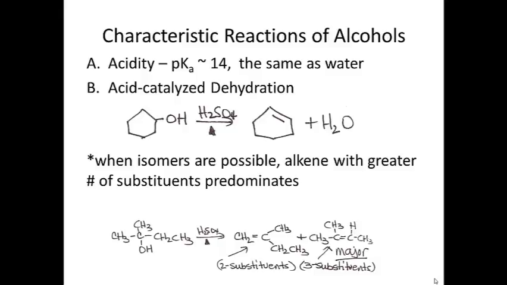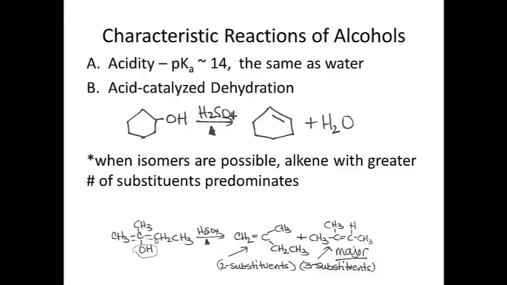If you look at the bottom of this slide, you'll see a situation where we're taking a tertiary alcohol and we're going to dehydrate it, and there are two possibilities. It can either dehydrate such that it will form the double bond on this side, or it could dehydrate so it would form the double bond on this side.